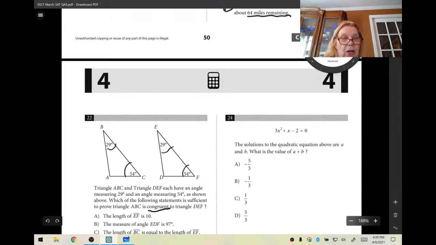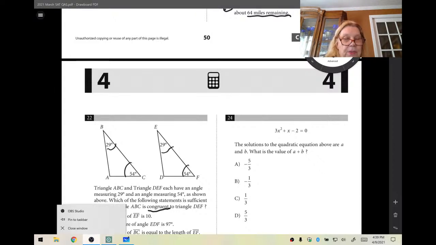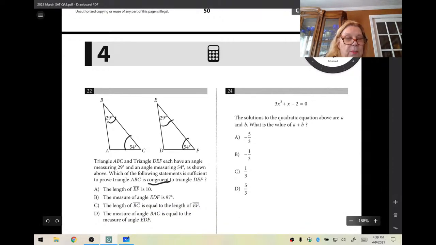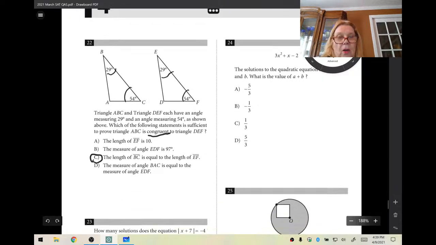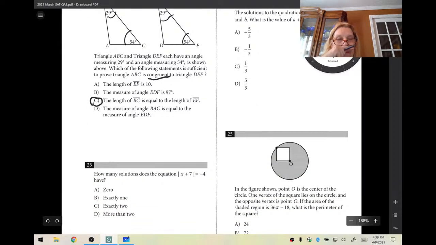So we need to know that BC is equal to EF for it to be congruent. Okay, 23. From the absolute value lesson, the absolute value of anything can never be negative, so that will be 0 solutions.